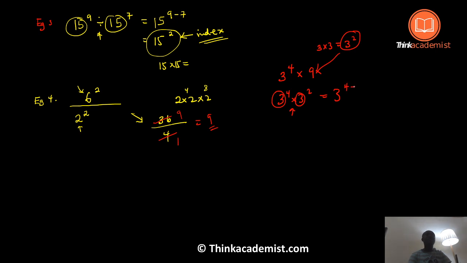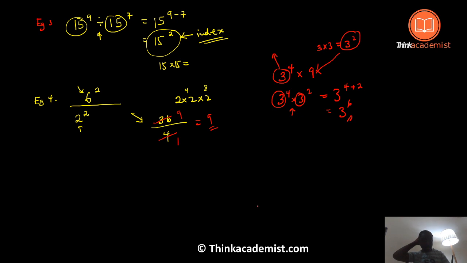So we have 4 plus 2, which gives us 3 raised to the power 6. And voila, we have our answer. So you have to look at it and find out: you take the smallest base number and check whether it raised to a power can give the bigger number that is not the same as the small base number.